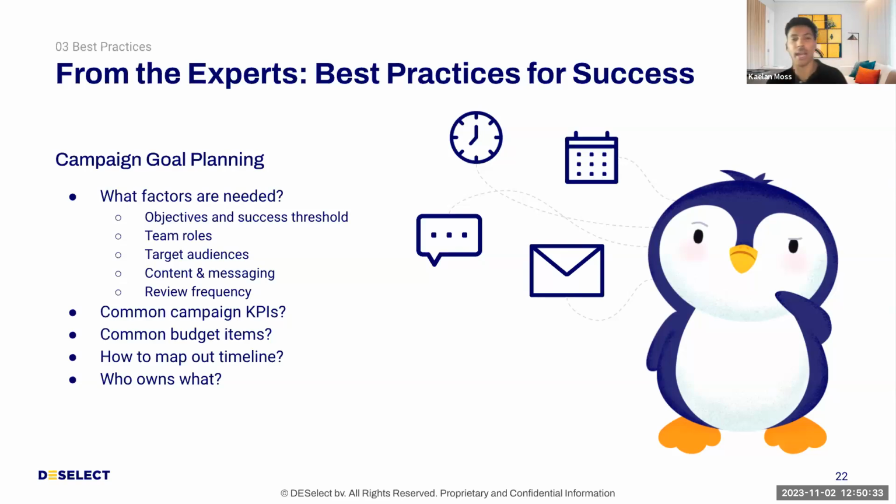A great start that I have, if you want to reach out to me, I actually just wrote a blog post about that exact process and the system I use to ask the right questions. So that's another tool I can add in there for you. But that's my biggest piece of advice and best practice for success: plan and follow the plan.